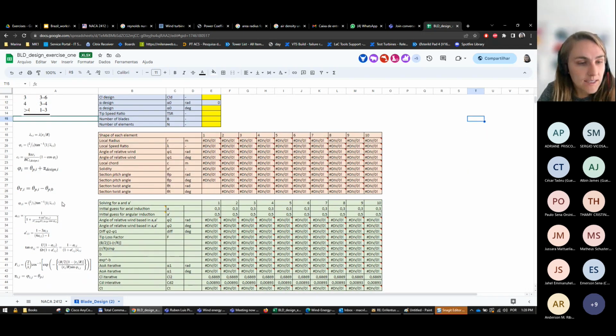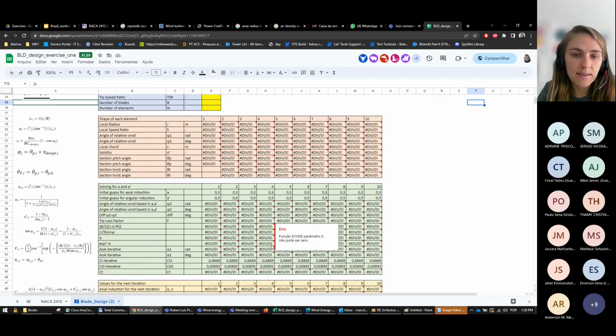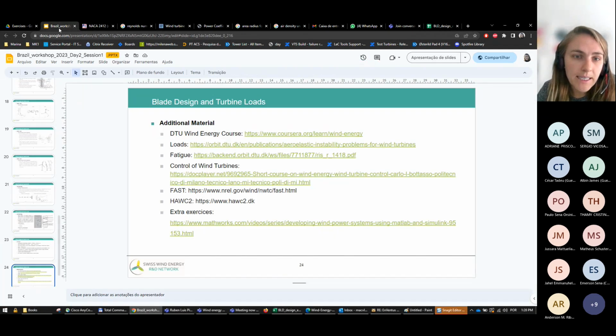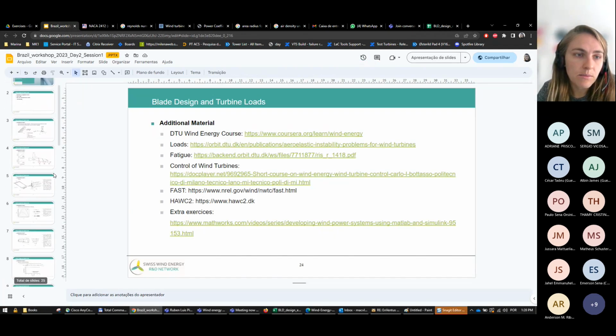Based on these equations that I will present, you can estimate the performance of your turbine and blade.